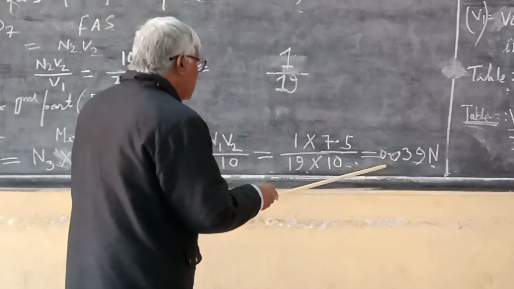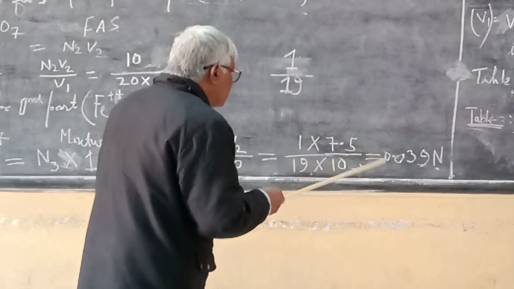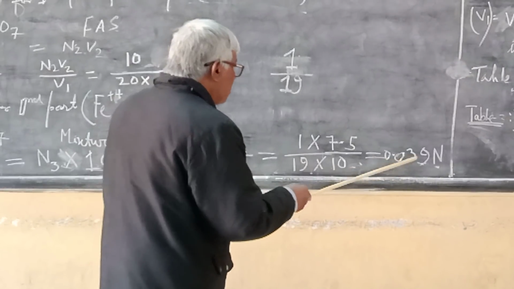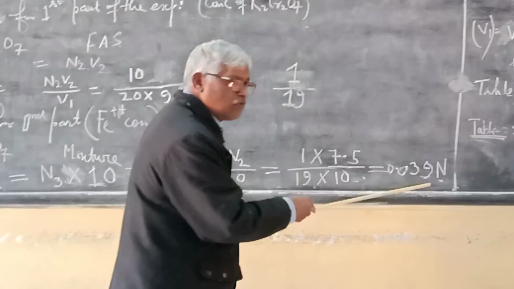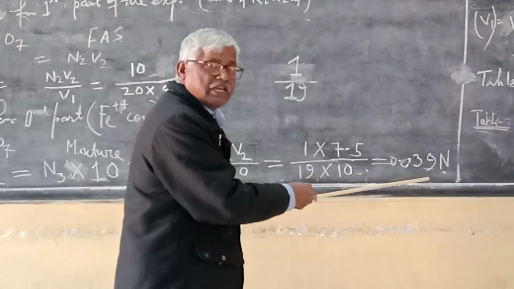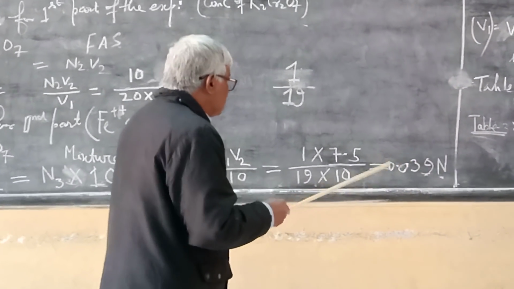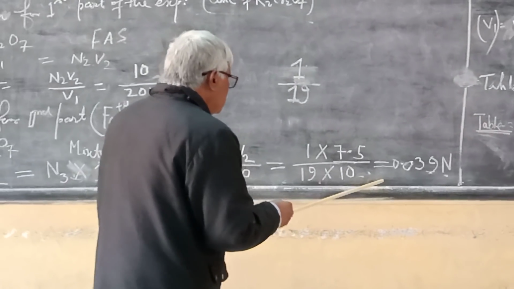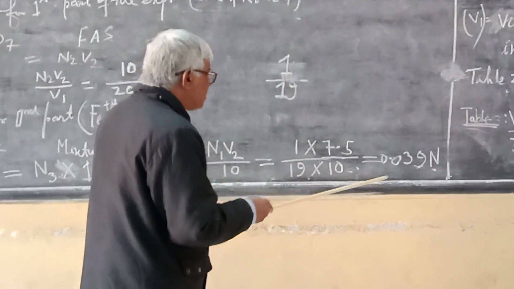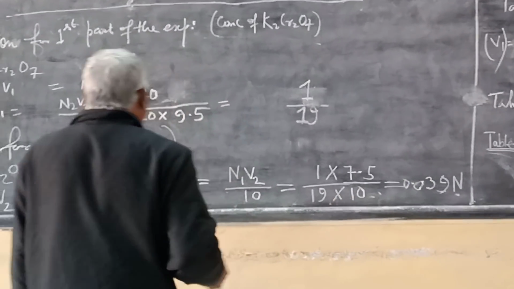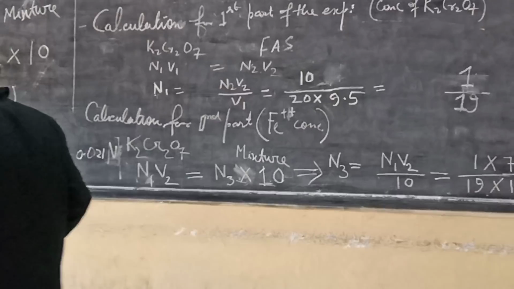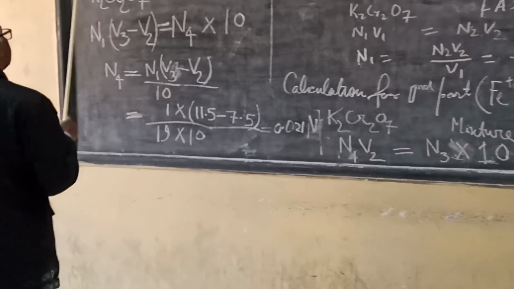You can convert this to gram per liter just by multiplying by 55.5. So you can determine the iron 2 in terms of gram per liter by multiplying by 55.5.